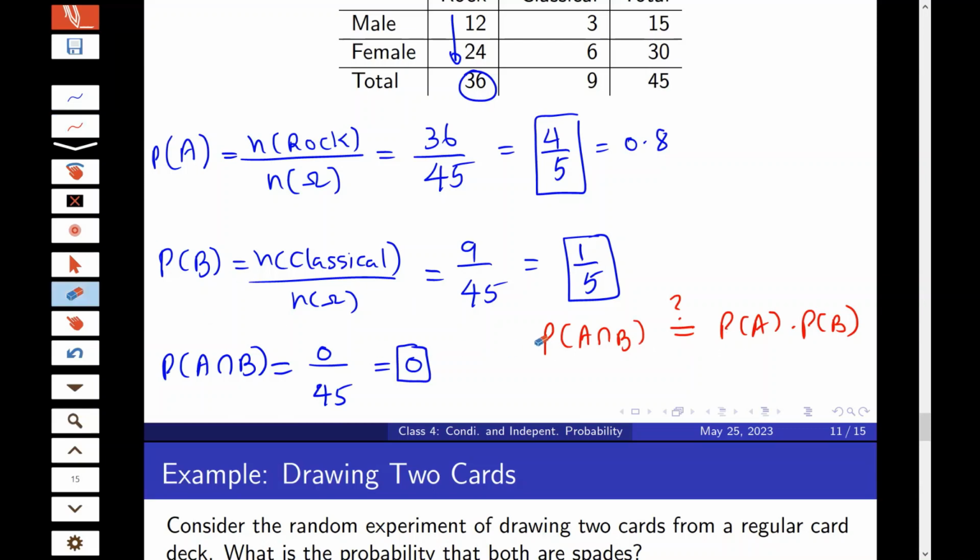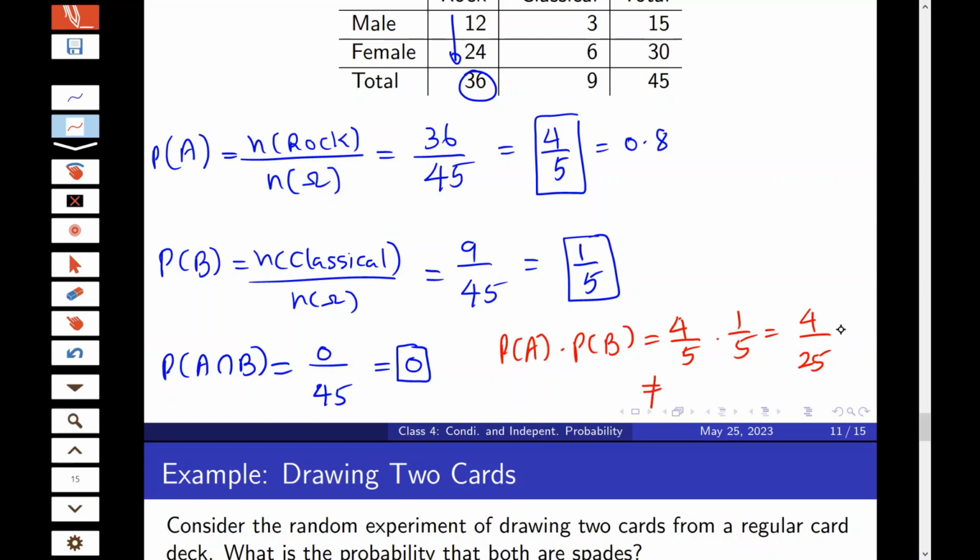To check this, I'm going to calculate PA times PB, which is 4 over 5 times 1 over 5. This is 4 over 25, which is definitely not equal to 0, because the intersection is 0.